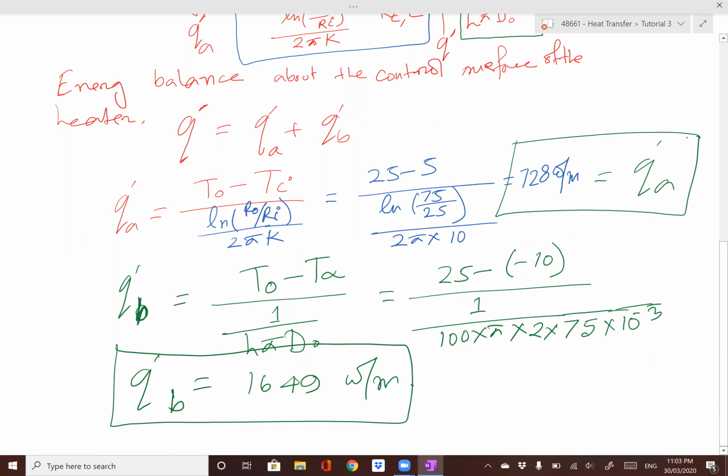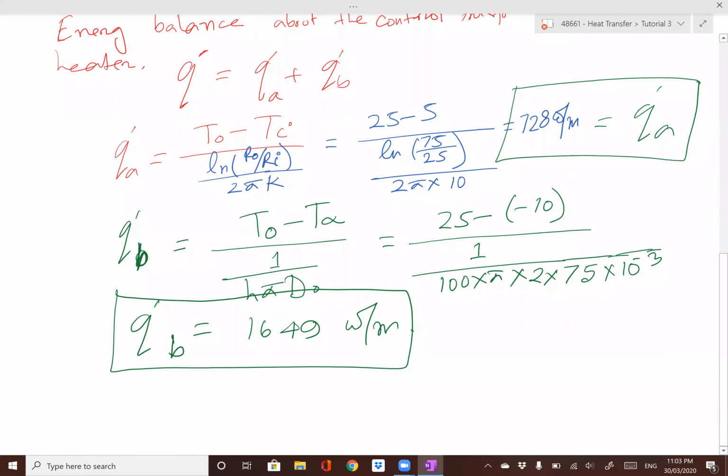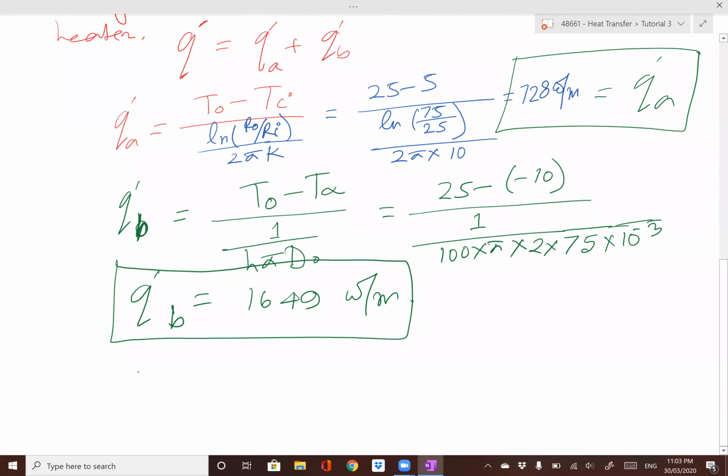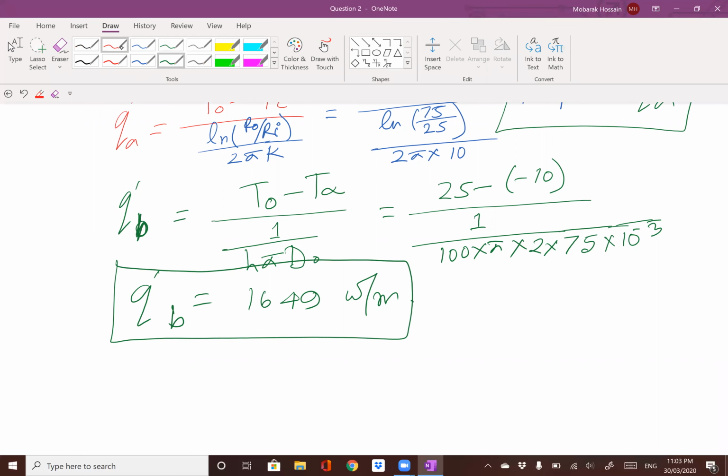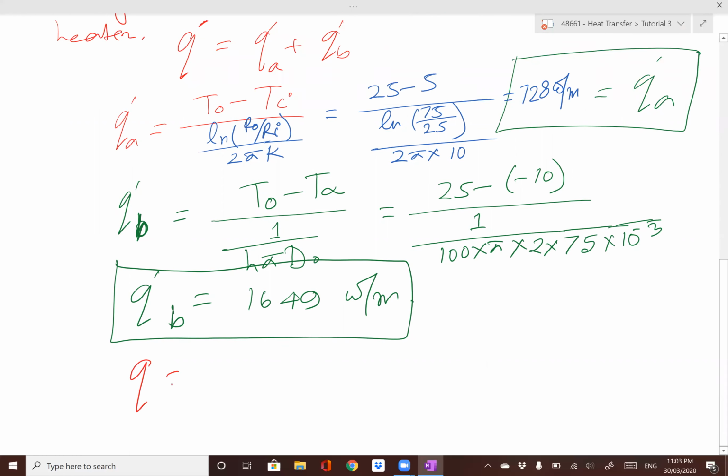Okay, so heater power per unit length required to maintain the heater temperature 25 will be the summation of, so for per unit length heater power required, 728 plus 1649 equal to 2377 watt per meter.